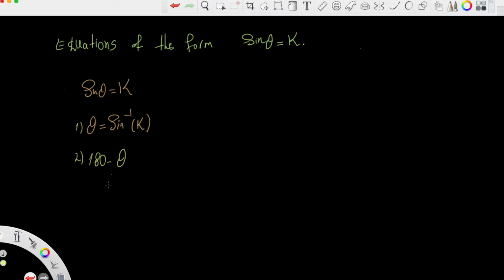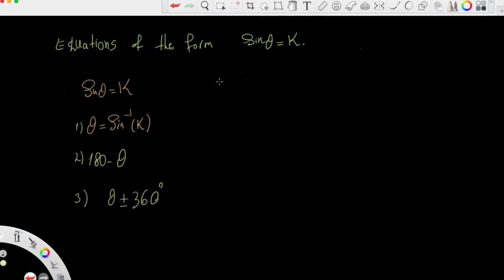Second, 180 minus theta. Then third, you need to add and subtract 360 to find the other answers. So theta plus 360, theta minus 360 will have the same sine. So these angles also satisfy this equation.